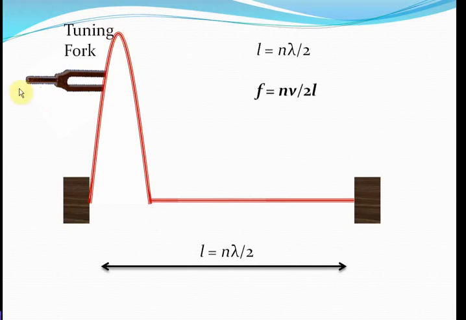Here, one object is the tuning fork and the other object is the string. Resonance is achieved when the frequency of vibration of the tuning fork is equal to the natural frequency of vibration of the string, and we know that the natural frequencies of vibration of the string are given by f equal to nv by 2L. So resonance is achieved when the tuning fork vibrates such that its frequency is nv by 2L.